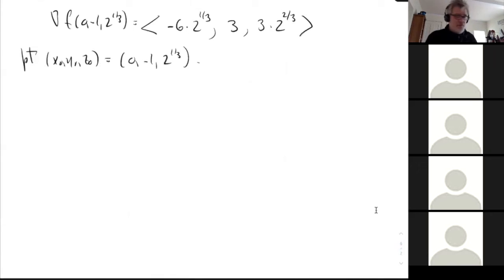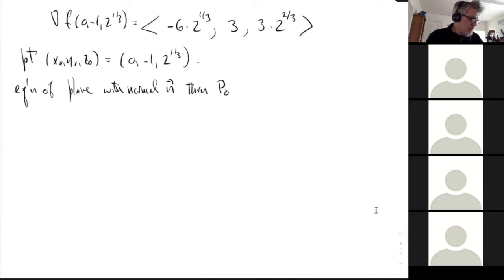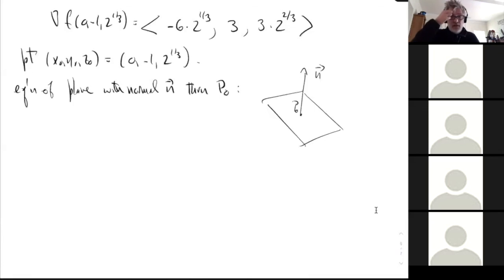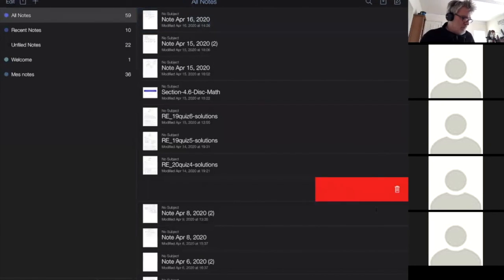And I want the plane with normal n through the point P0. In general, how does this work? If you don't remember, you can always work it out. You have this plane, you have P0, you have the normal sticking out, and you want to describe every point in the plane. So if you take any point x, y, z.